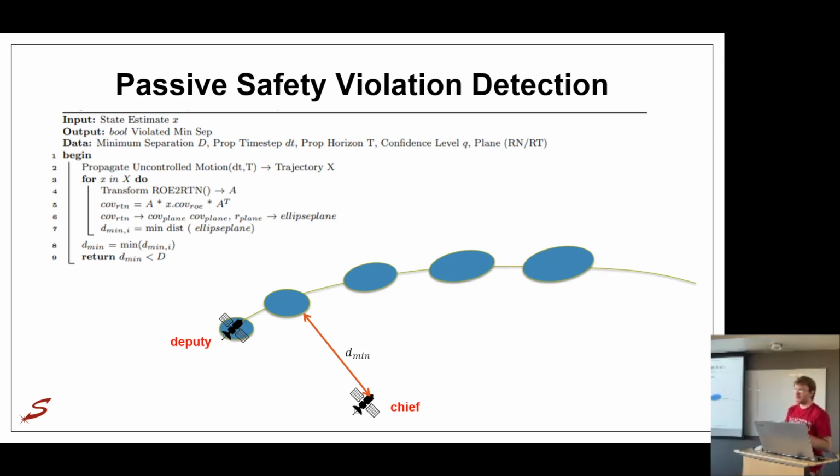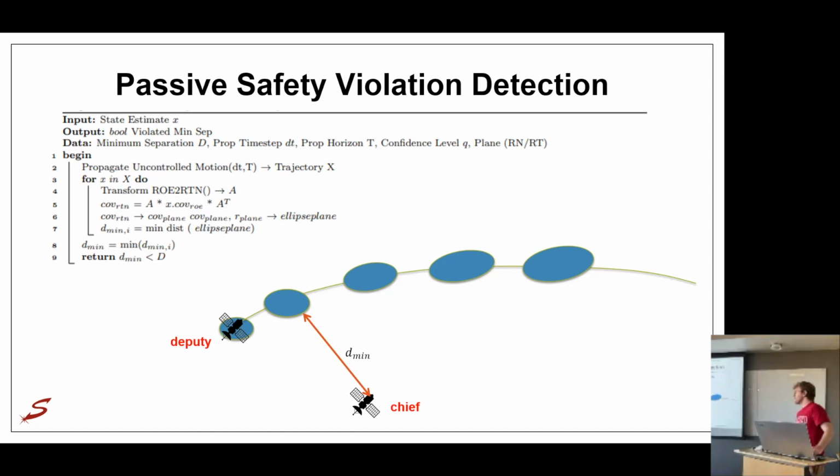And then at each time step along the propagated trajectory, we compute a distance in the RN plane and the RT plane separately to this confidence interval of states of the deputy relative to the chief in Cartesian space. And there's a transformation between the ROE space and the Cartesian space covariance, which is a linear transformation.